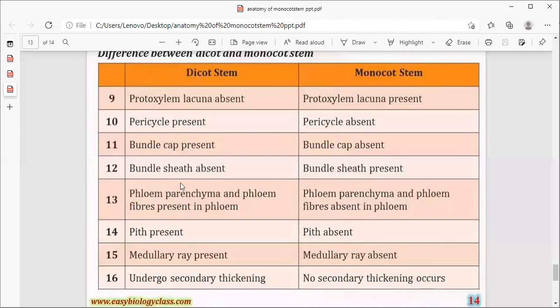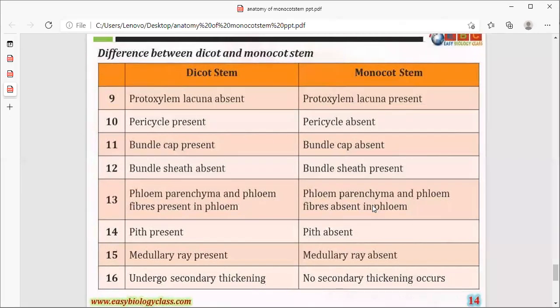In the phloem tissues of dicot, phloem parenchyma and phloem fibers are present, while in monocot they are absent, because monocots are not tall, except bamboo. There is no taller plant in monocot; we find very shrubby habits, so this is the reason.